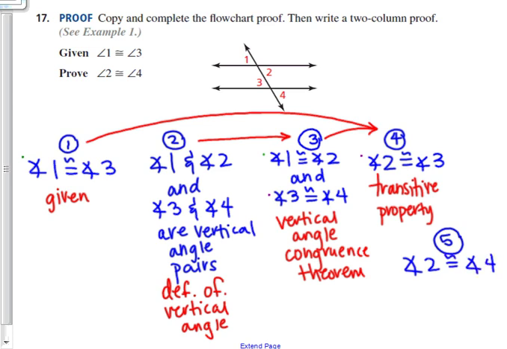And that's from my transitive property once again. So I'm done. I'm going to go ahead and draw my arrows. I knew that from my step 3 and my step 4.